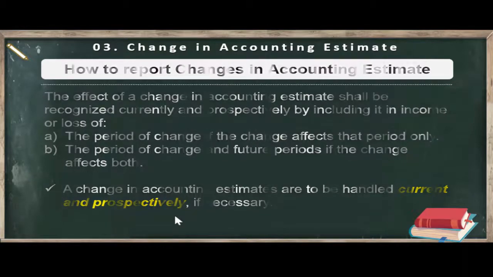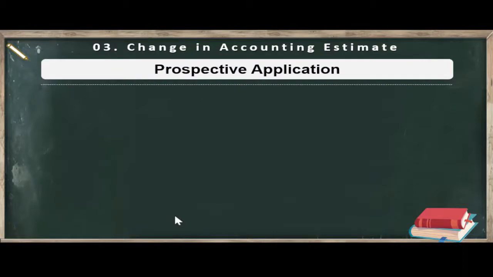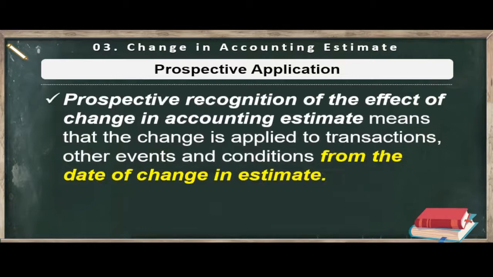And what is this prospective application or prospective recognition? Prospective recognition of the effect of a change in accounting estimate means that the change is applied to transactions, other events, and conditions from the date of change in estimate.